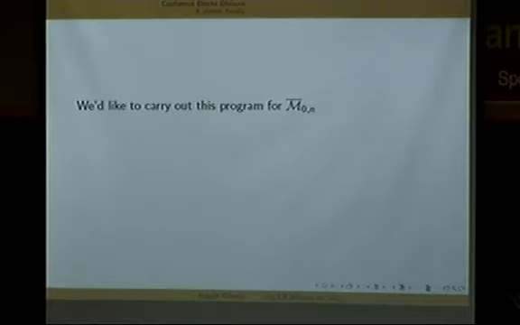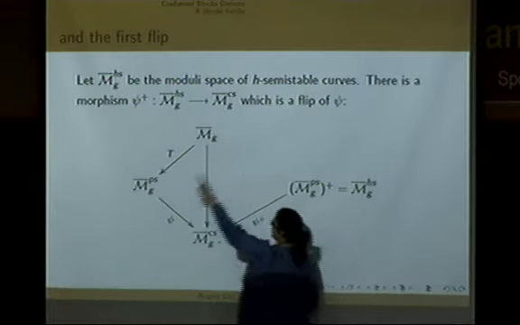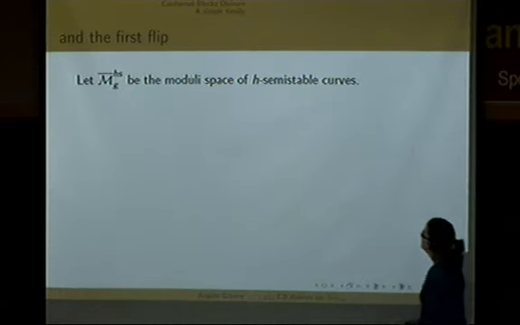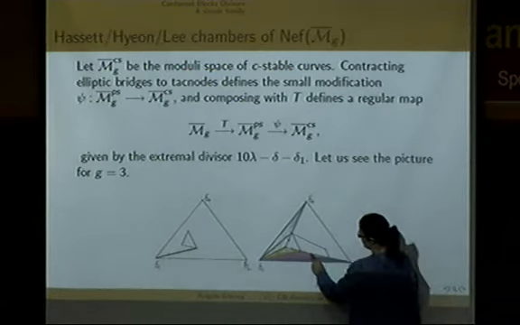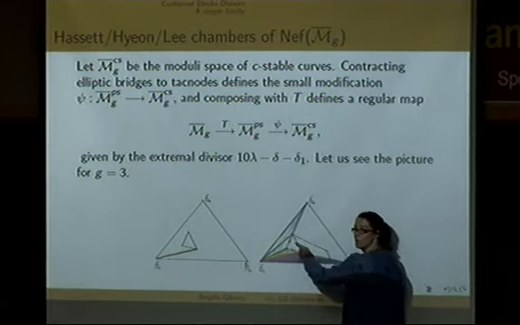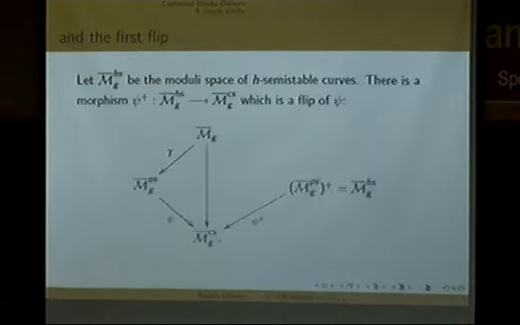So there's this morphism here and here, but no morphism here. That's because the divisor that defines that flip is here. It's outside of the Nef cone. It's in the moving cone, but outside the Nef cone.